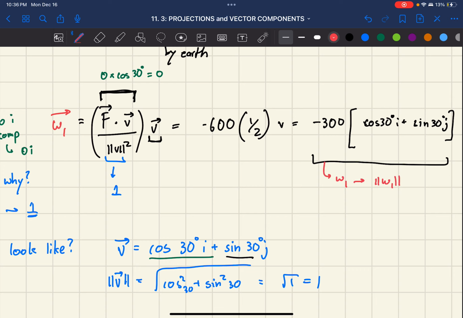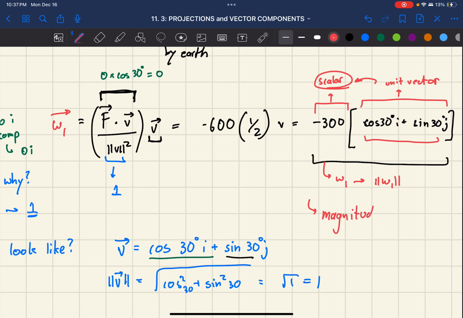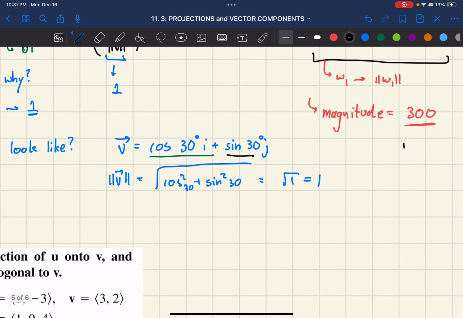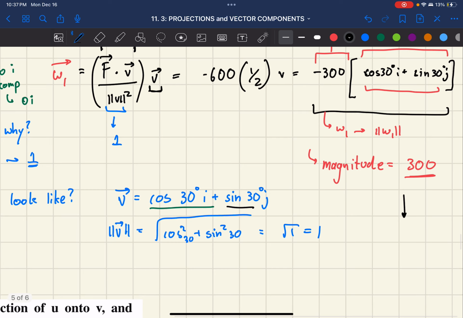Well, this over here is just a scalar, whereas this is a unit vector, meaning that the magnitude is just going to be this unit vector multiplied by the scalar, which means the magnitude equals 300. Now you might be wondering how I got this number. Well, to fact check this, all we need to do is distribute the 300 back into the vector.